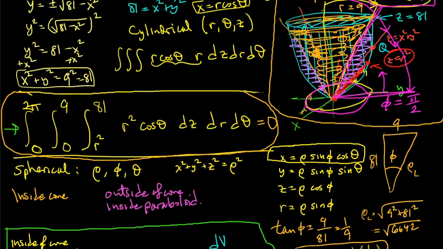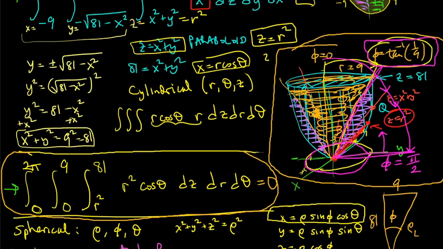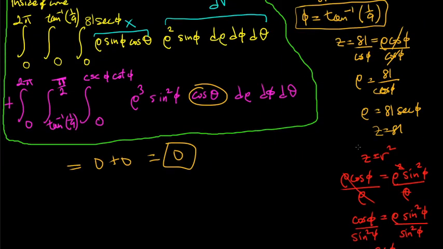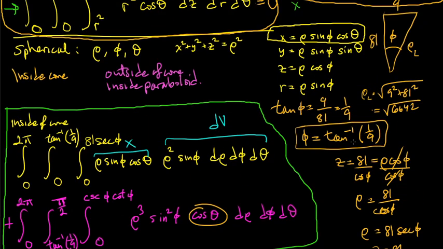The cone actually isn't spherically symmetric either. It's radially symmetric, so it's symmetric in cylindrical coordinates, and that's why it was probably easiest to evaluate this in cylindrical coordinates.